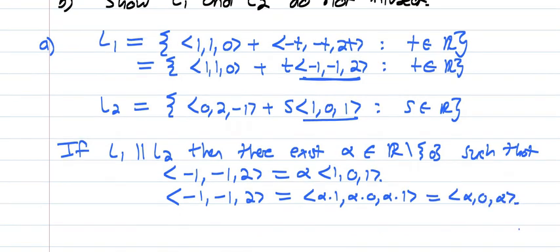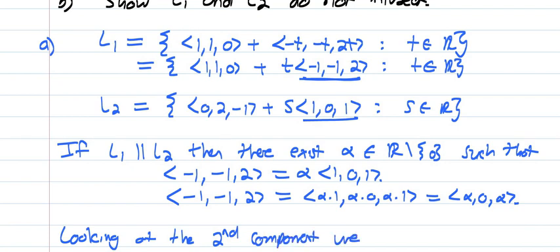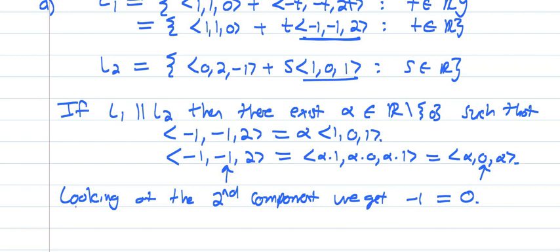All right? And now looking at the, I'm sure you can tell me what it is, the second component, we get. So the second component here is 1, and the second component here is 0. So remember, if two vectors are equal, the first, second, and third components have to be identical. But this is false.